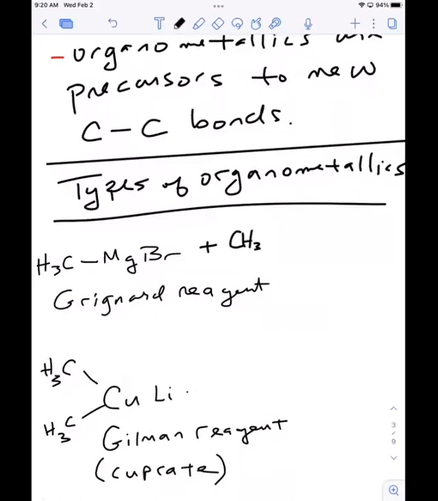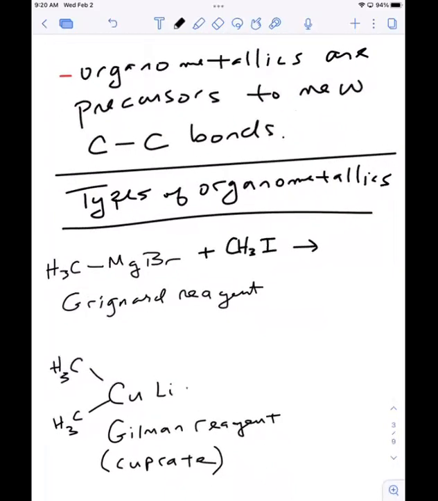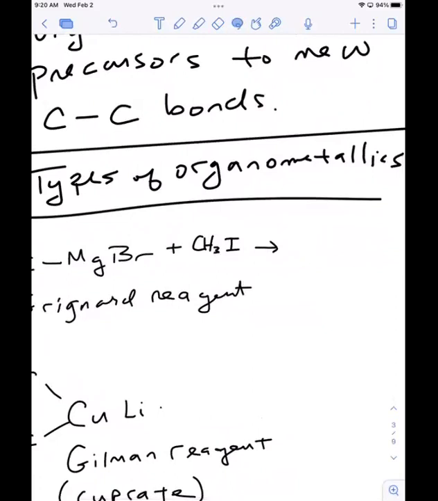So let's say I react this with methyl iodide. Right, let me change the color of that methyl group so we can actually see what's happening.